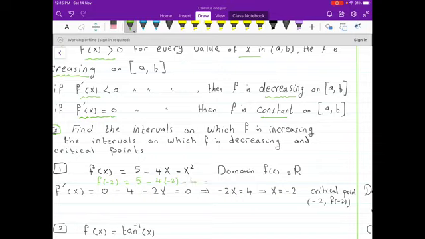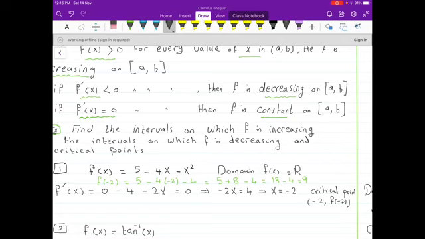This is equivalent to 5 plus 8 minus 4, which equals 9. So we find the critical point.